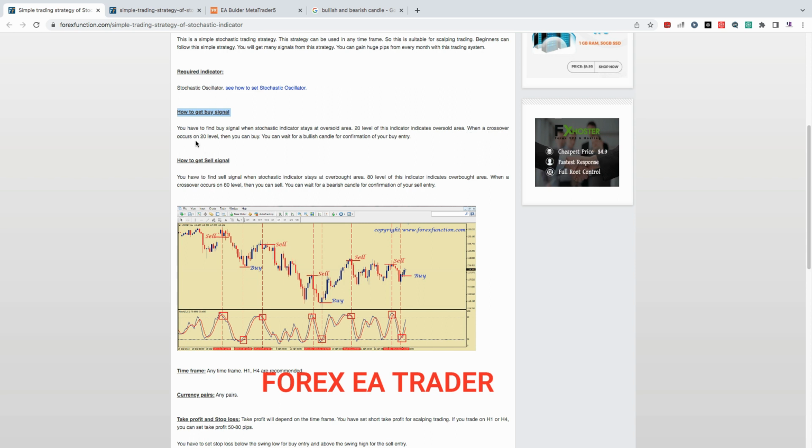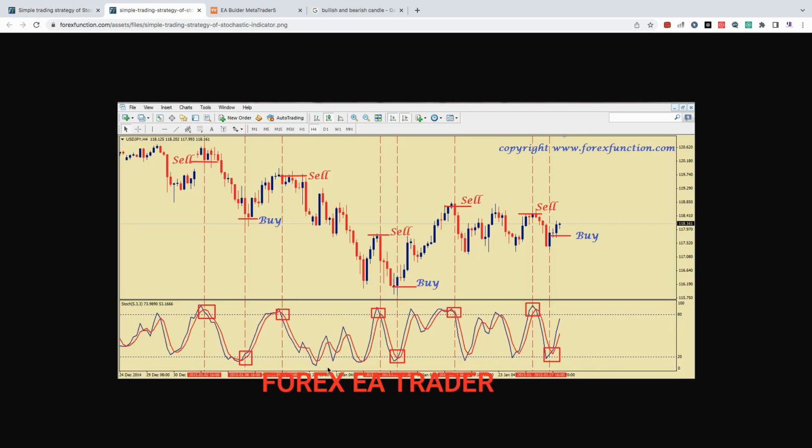When a crossover occurs on the 20 level, then you can buy. You can wait for a bullish candle for confirmation of your buy entry. That's what I'm saying. So for the crossover, something like that, we first look for the crossover. Then ideally we want a bullish candle in combination with the crossover, then we buy.